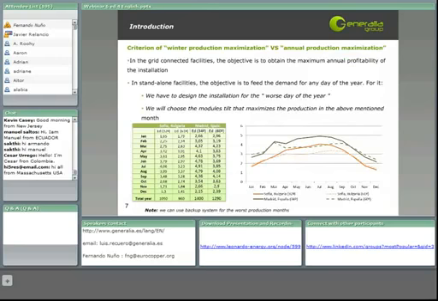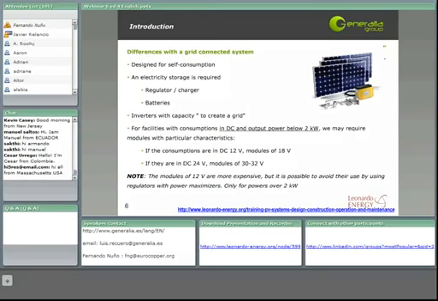But we will go back to the previous slide in order to comment that for facilities with consumptions lower than 2 kilowatts, we may require modules which have special characteristics, because in this type of installation we usually use DC 12-volt modules. These modules in fact produce a voltage of 18 volts.